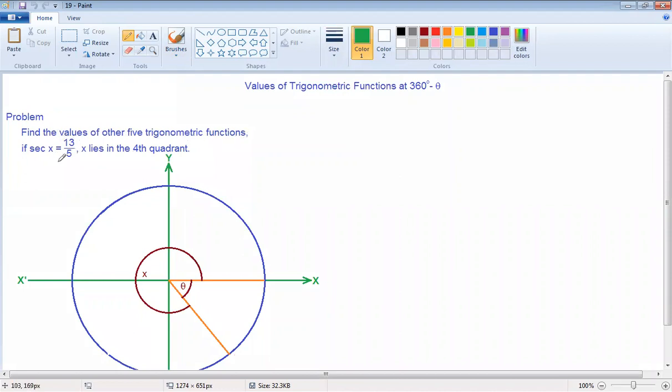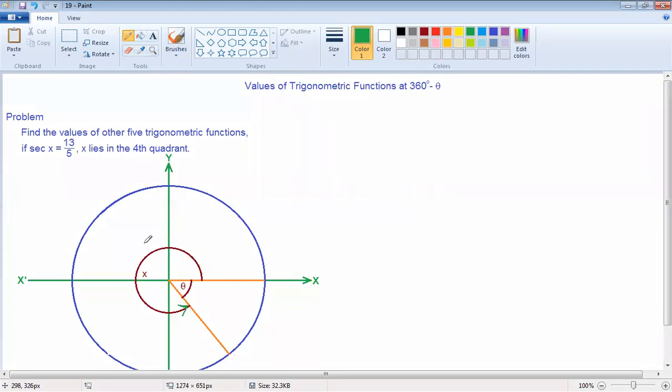If secant of x is 13 by 5, x lies in the fourth quadrant. So angle x measured from the positive direction of x-axis is an angle in the fourth quadrant as shown here. So this is an angle lying between 270 degree and 360 degrees.